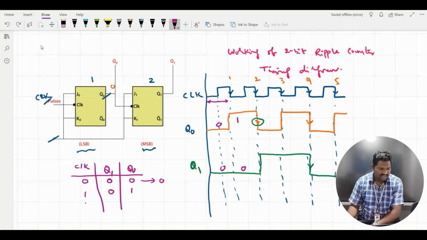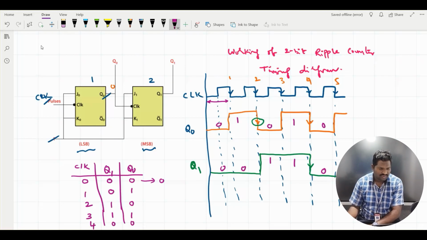For the second clock pulse, Q0 now becomes 0 and Q1 becomes 1. That is Q1 is 1, Q0 is 0. For the third clock pulse, Q0 is 1 and Q1 is also 1. For the next, it will become 0 and 0. That is, for the fourth clock pulse, it is 0 and 0.